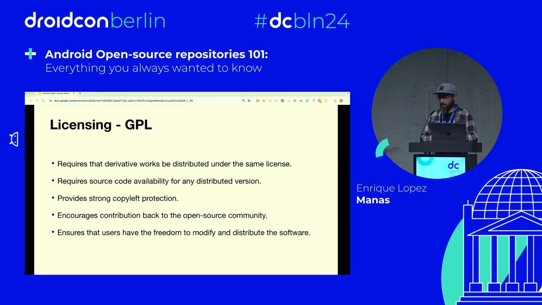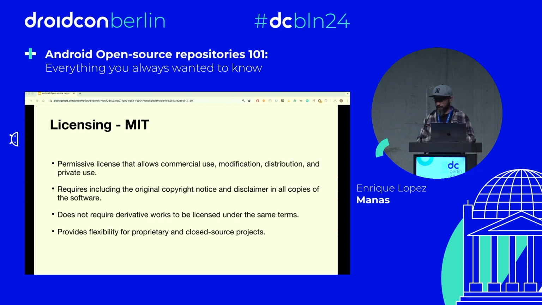Basically, GPL is the hacker license that proposes a lot of copyleft and encourages contribution back to the open source community. It also has a small clause that says that derivative works need to be distributed under GPL, which, of course, if you want to integrate this into commercial software, might not be especially liked by the lawyers at your company.